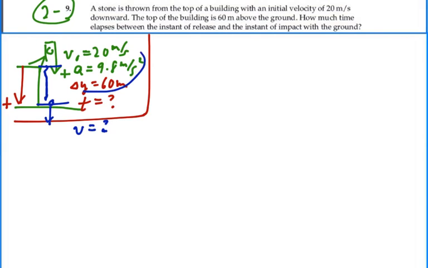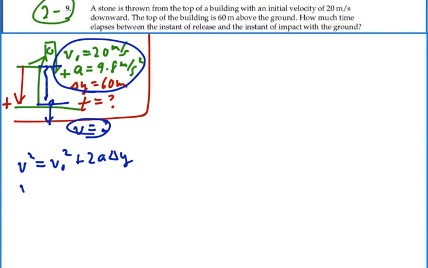So just looking at our first three kinematic variables and our fourth one, let's use kinematic equation number 3. Final velocity squared equals initial velocity squared plus 2 times acceleration times displacement, delta y. Solve this for our final velocity. That's going to equal the square root of 20 squared plus 2 times 9.8 times 60.